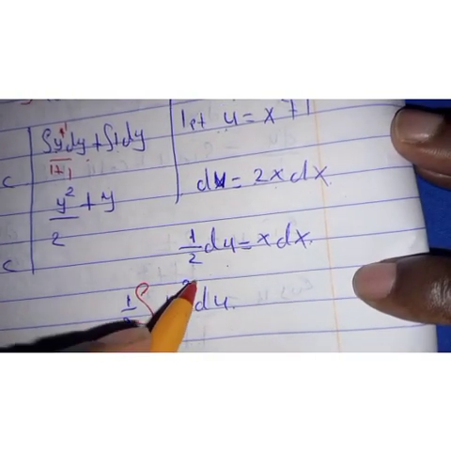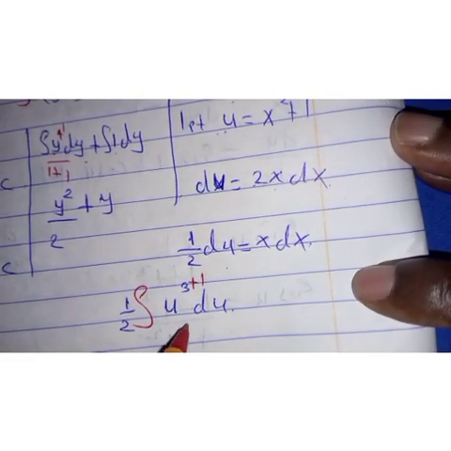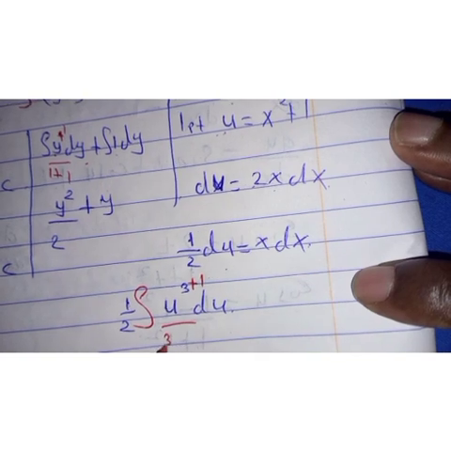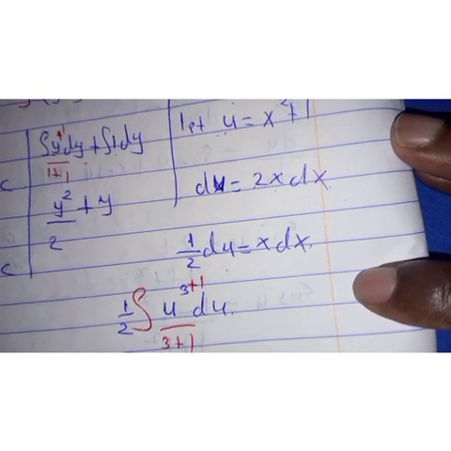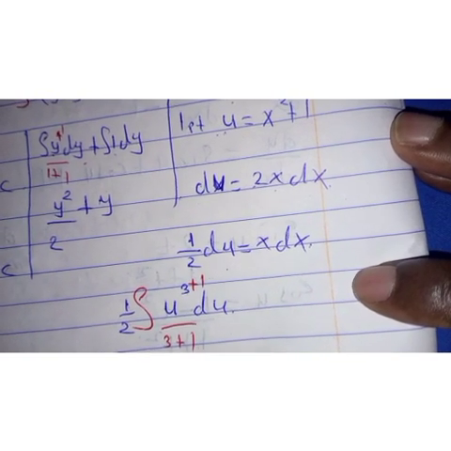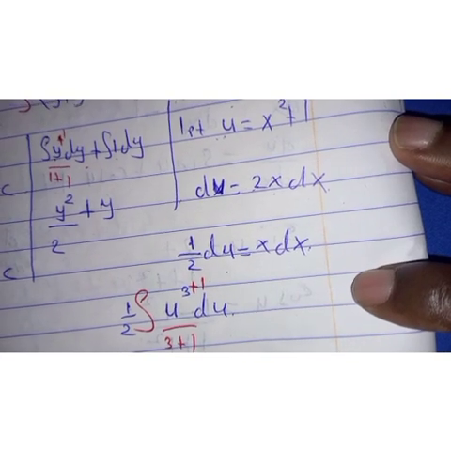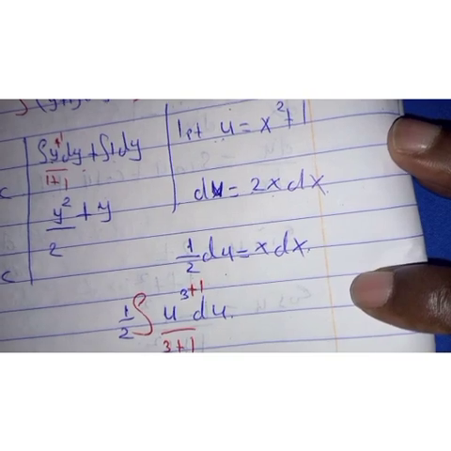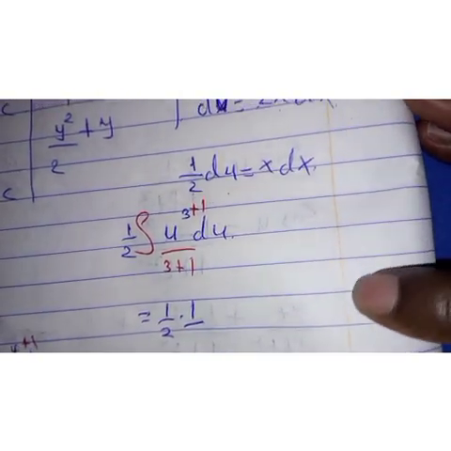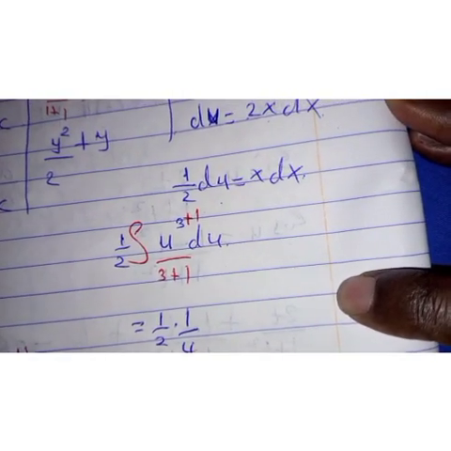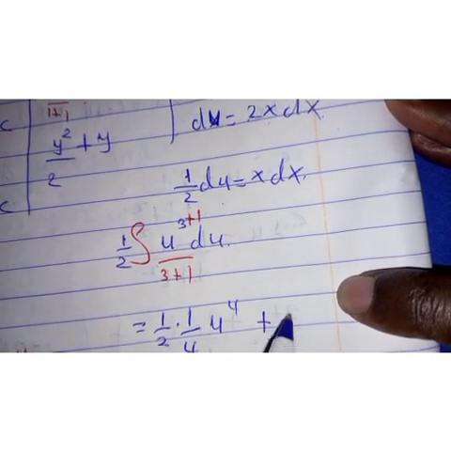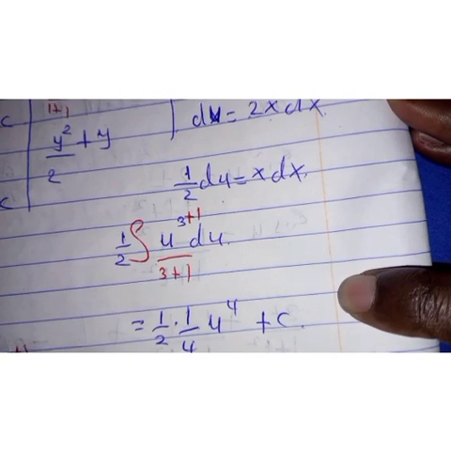So we are going to add 1 to the index and divide the result by the new index. So it is divided by 3 plus 1. So the result will be equal to half multiplied by 1 over 4 u power 4 plus c. C is the constant of integration.